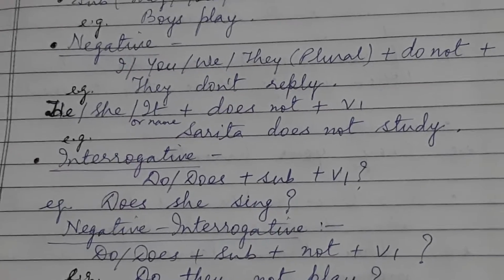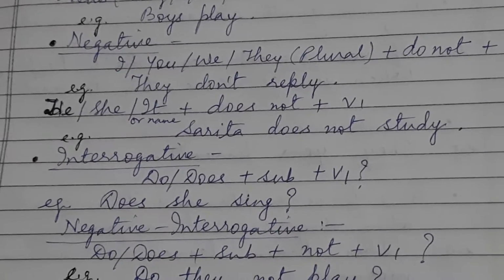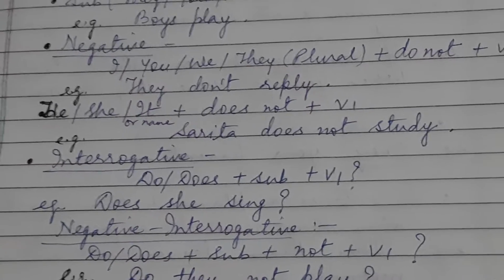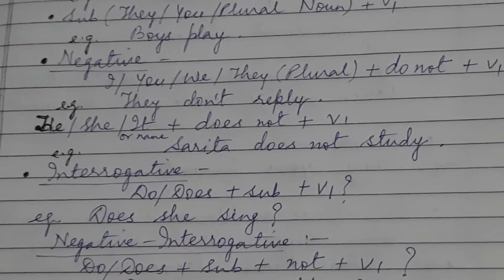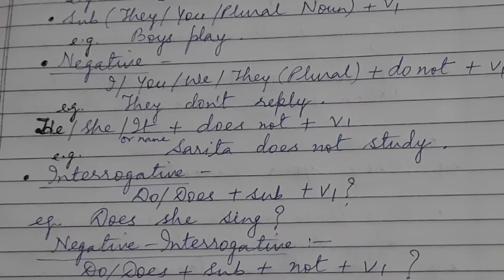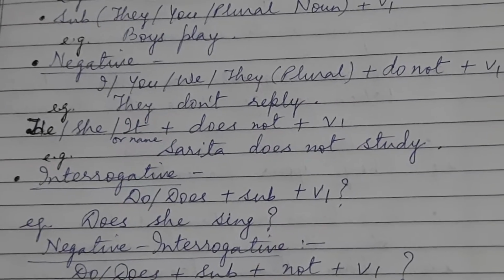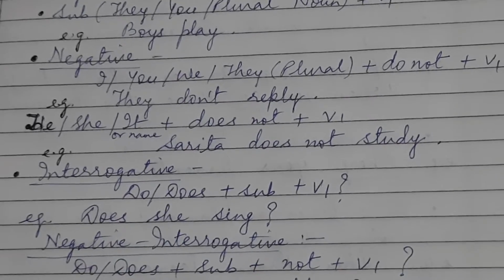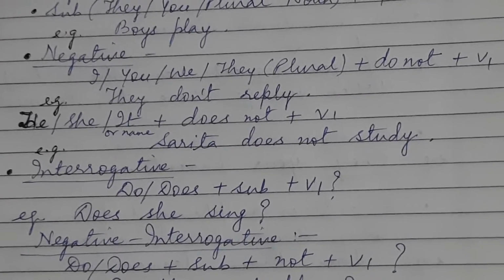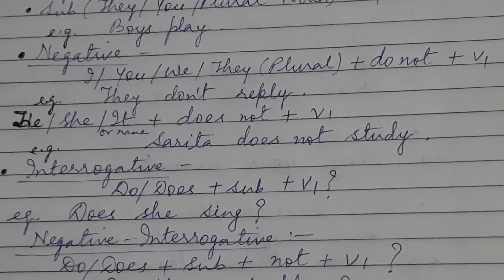Okay. So with I, you, we, they, we use do not or don't. D-O-N apostrophe T can also be used. So with these subjects we add don't and then we write the first form of the verb.